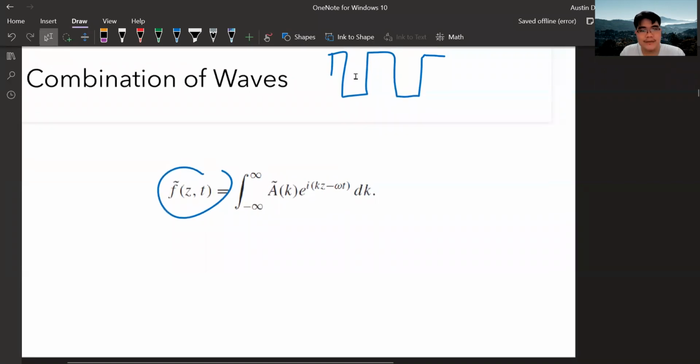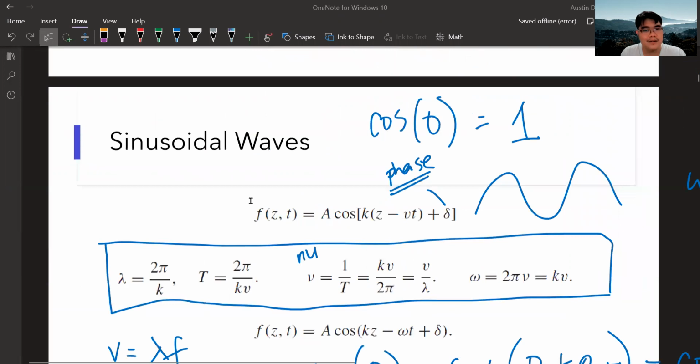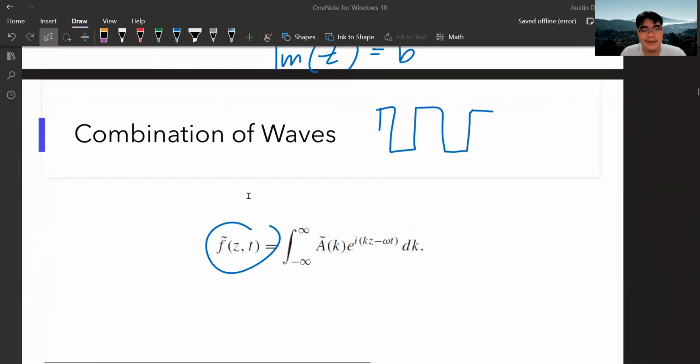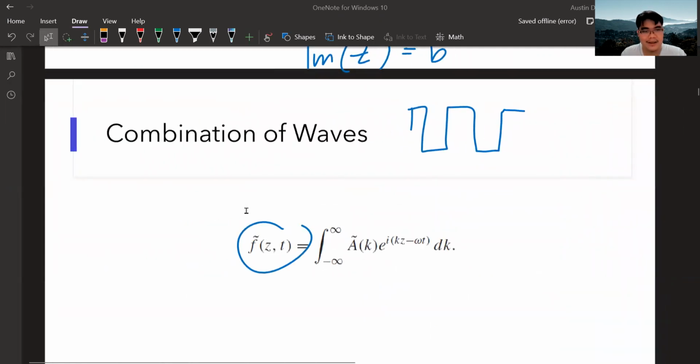So for every wave, sir, ano po yung wave number? Para saan po yun? Yung wave number tells you something about the wavelength of the wave. Kasi si wave number ay 2 pi over lambda.